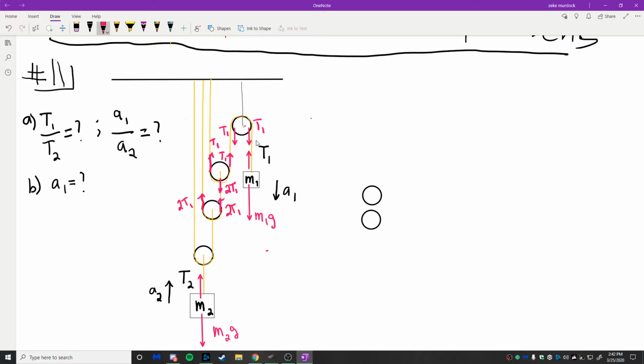So you can see the pattern, which means on this one, the force down here is going to be 4T1, right? And then on this pulley, you've got going up, you've got 4T1. And then right here, you've got 4T1.